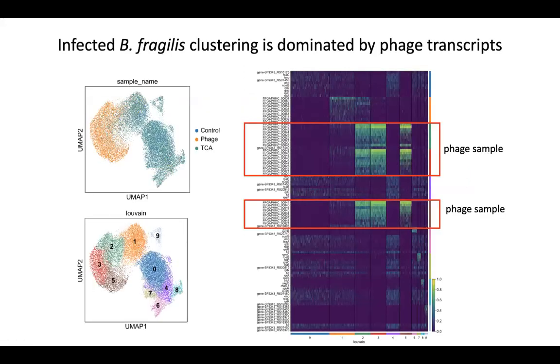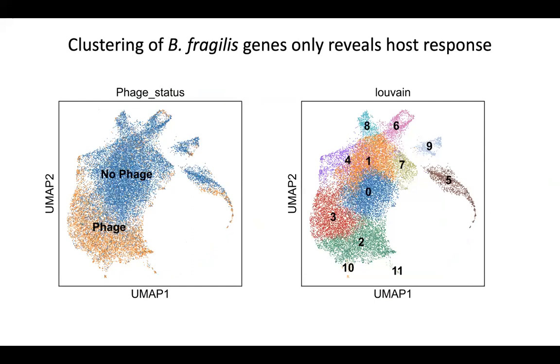But when we looked at what's in there, unsurprisingly, we did see phage transcripts. So basically the big difference is that one has phage transcripts and the other doesn't, which is probably not that surprising. We removed phage transcripts from the clustering and reclustered the data. Now we still see separation by phage or no phage. So basically in this way, we can see the single cell response of the host bacteria to a phage infection.